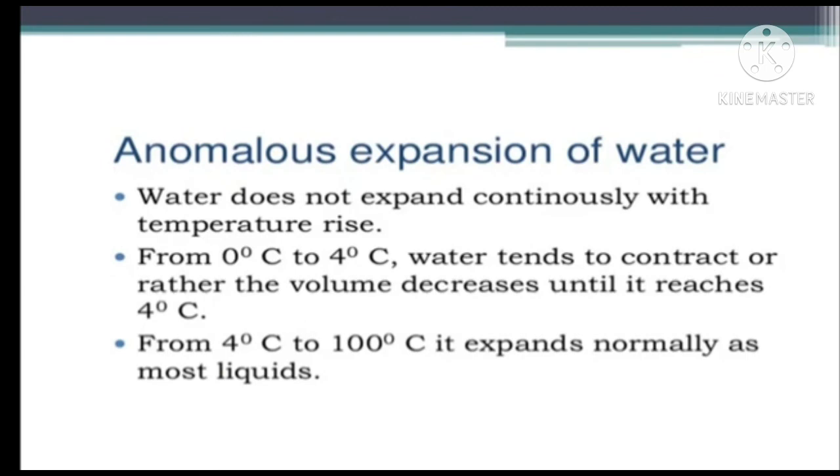From 4 degrees Celsius to 100 degrees Celsius, it expands normally like most liquids. The behavior of water from 0 to 4 degrees Celsius is called the anomalous or abnormal behavior of water, and it is different from other liquids. It is only there for water.